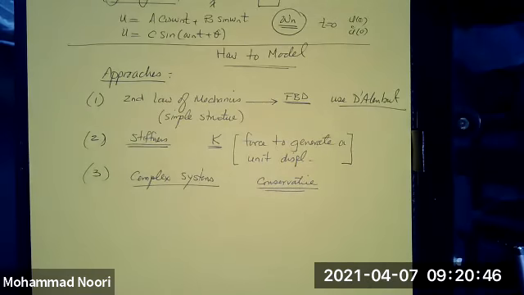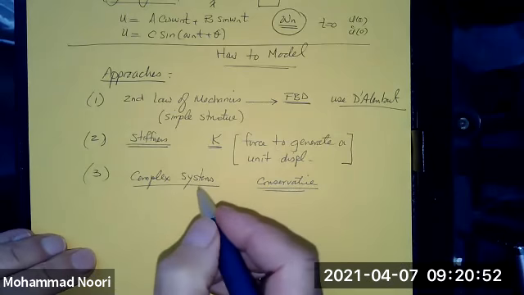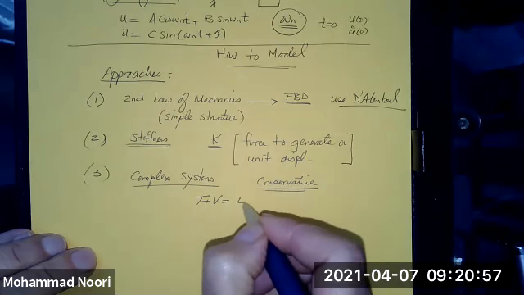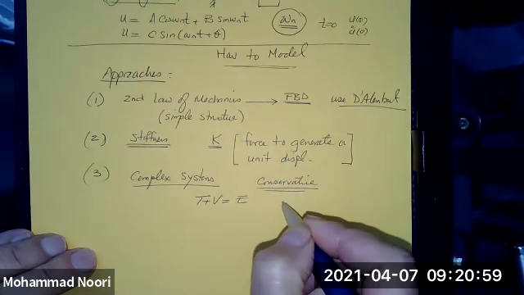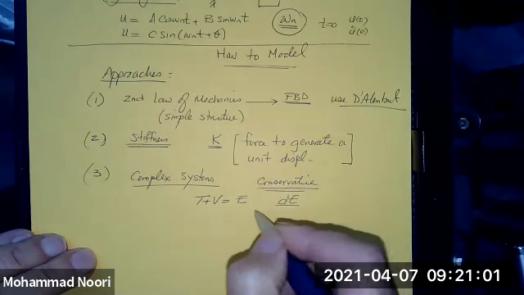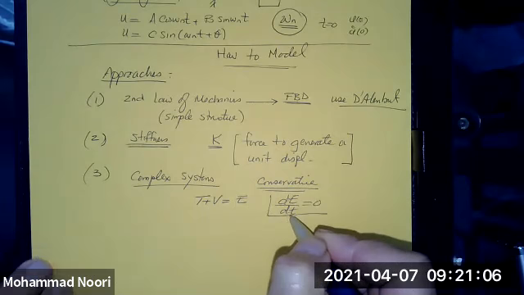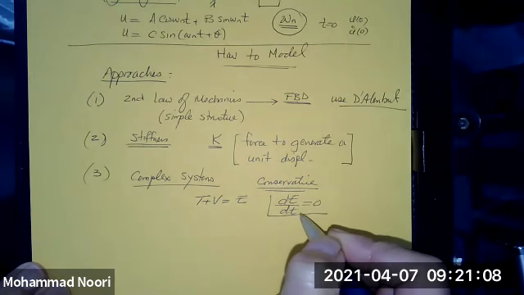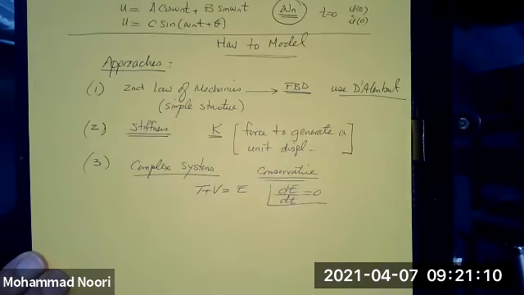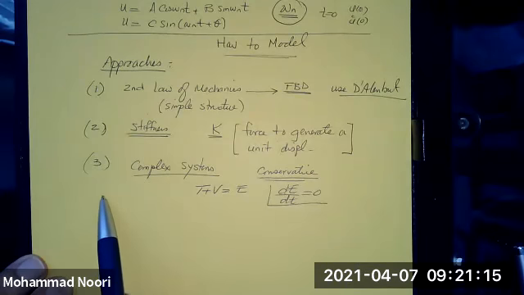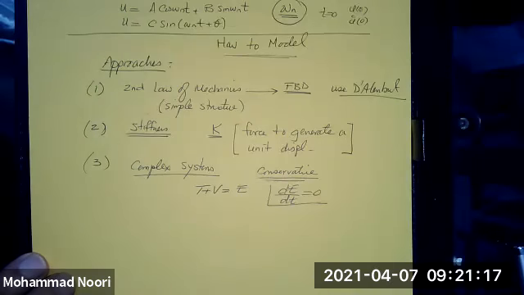That it does not dissipate or gain energy as it goes through a motion, right? We know that the concept of conservation of energy tells us that the sum of kinetic and potential energy is always a constant. So that means this sum doesn't vary with time, or its derivative with respect to time is zero. So we can use this approach to set up the equation of motion. I will demonstrate all these three approaches through some example problems.